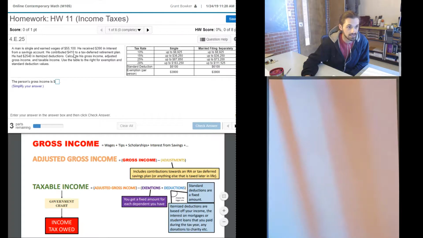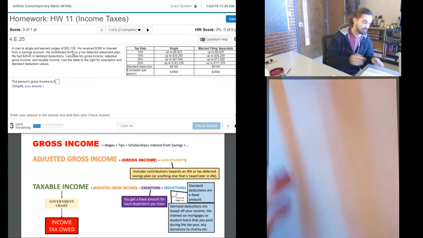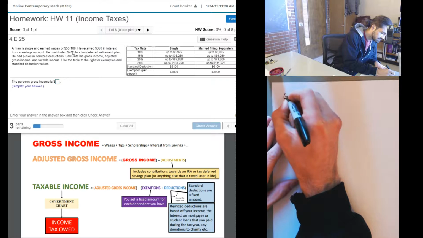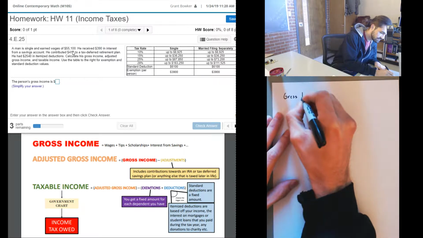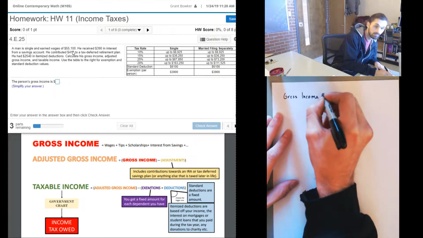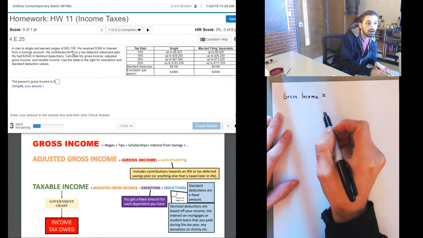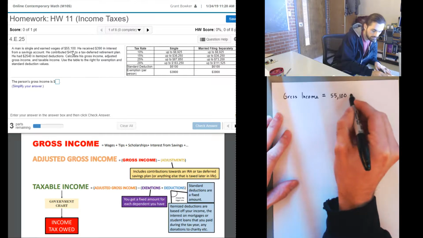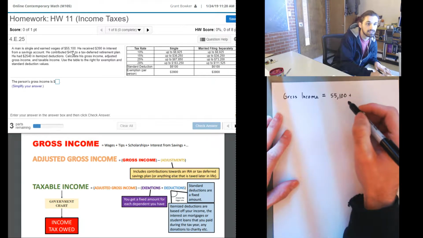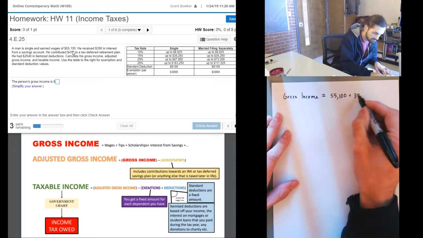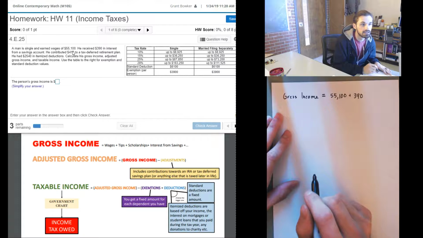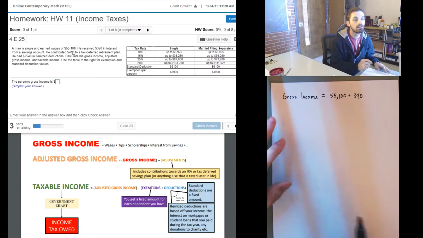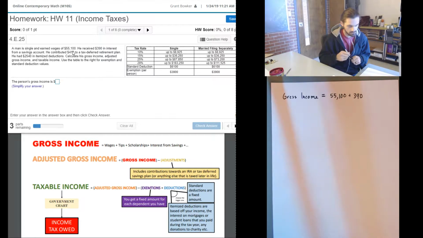So the gross income is $55,100 in wages, and then he also received $390 from interest. Okay, so that takes care of his gross income.